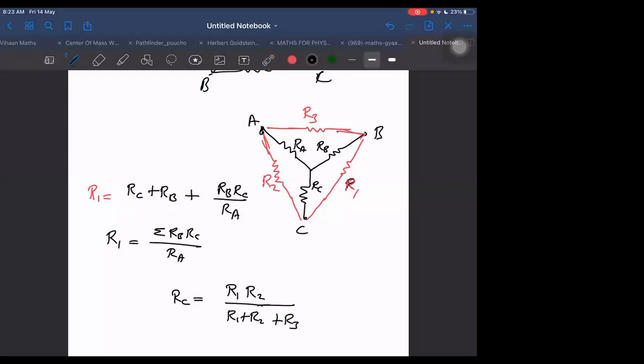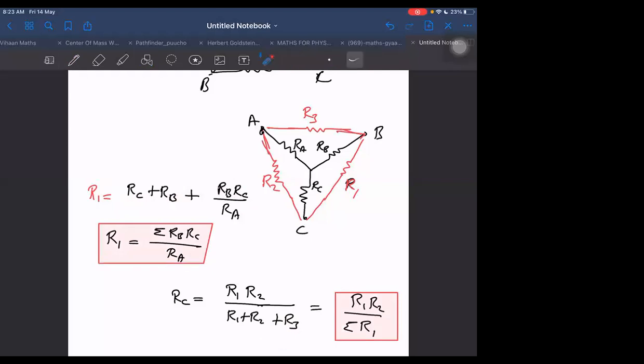Then here it will be R1 R2 upon sigma R1, with sigma coming into the denominator. That is also a very easy way, and a good way to remember. In one case sigma comes out in the numerator, and in the other case sigma comes out in the denominator. Okay, right. So we can convert delta to star, and we can convert star to delta.